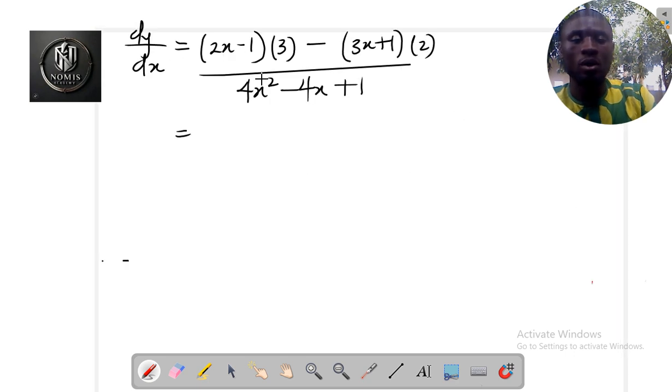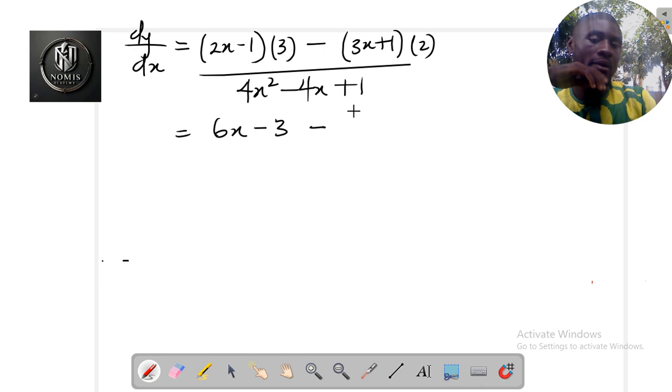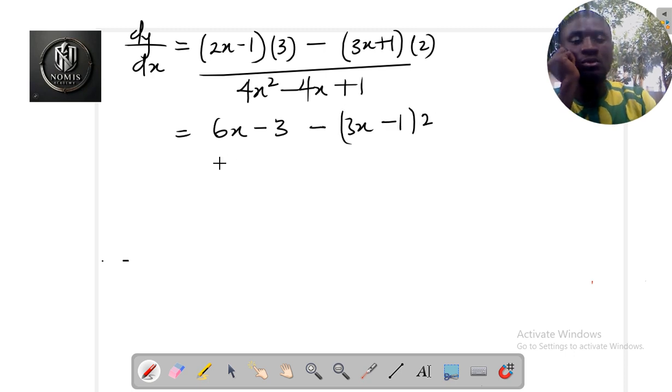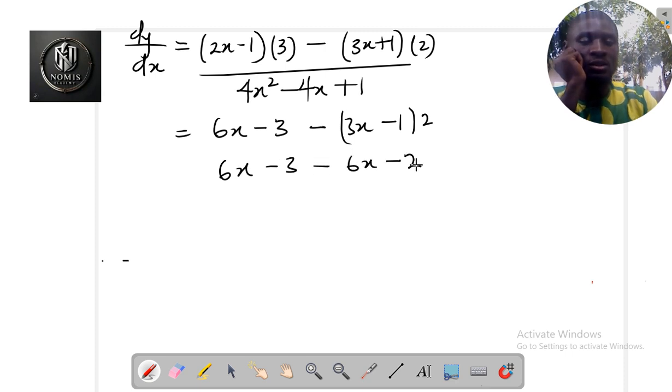So when we open the brackets, 3 multiplied by 2x gives 6x, and 3 multiplied by minus 1 gives minus 3. Then the second bracket multiplied by 2 gives minus 6x minus 2.